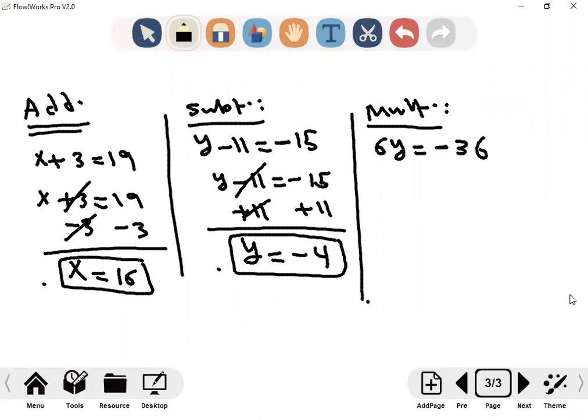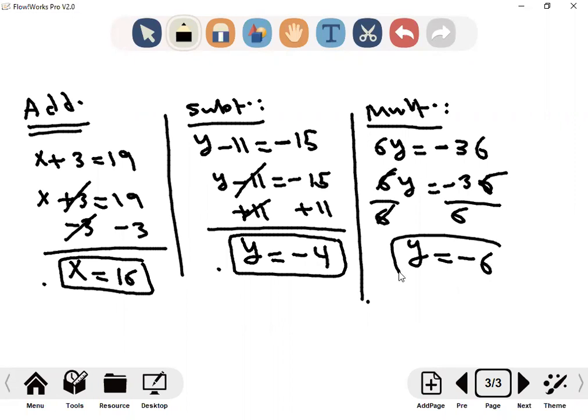We rewrite the equation, 6y equal negative 36. If we have multiply, we divide. So I'll divide both sides by 6. Still y equal negative 36 divided by 6. Different signs in division, the answer is negative 6. So this is a revision of one-step equations, guys. Still the fourth type, which is division. If we have division, we multiply.